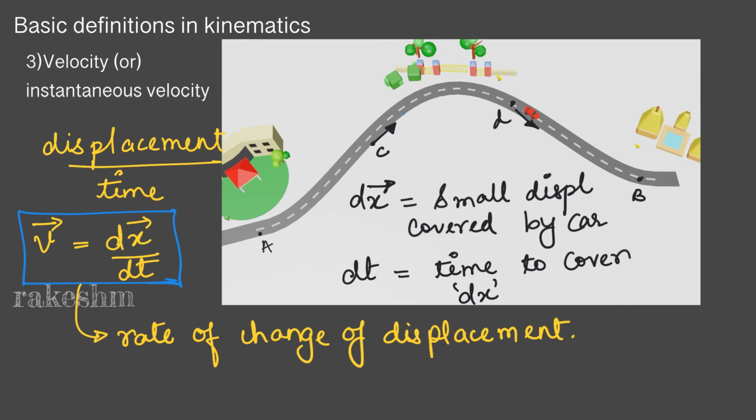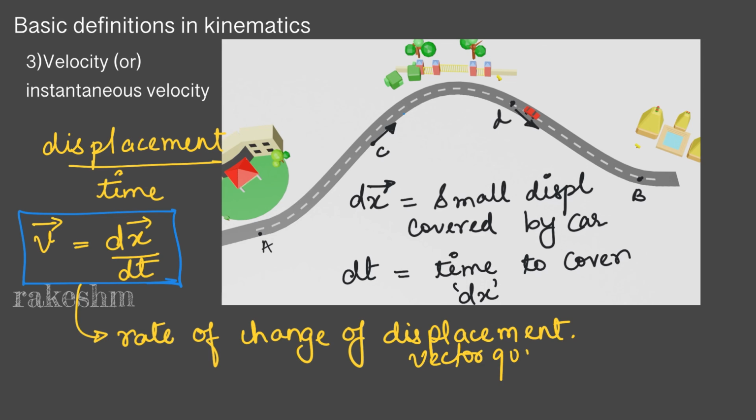So when it is at point D, the direction of velocity is in this direction. So at different points, we can see that the velocity direction here is changing.